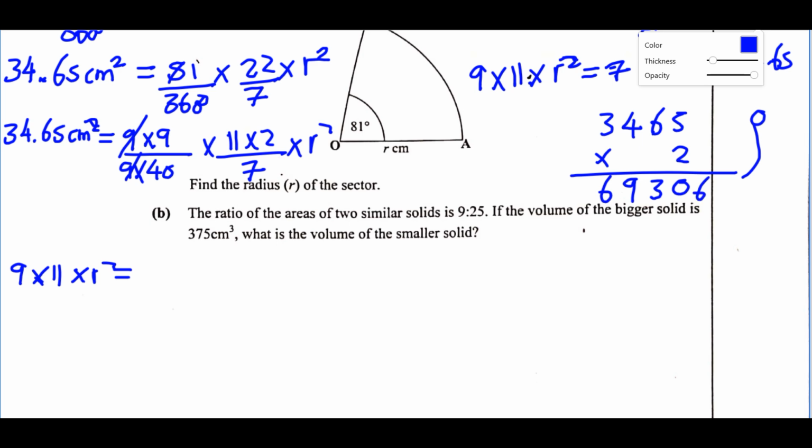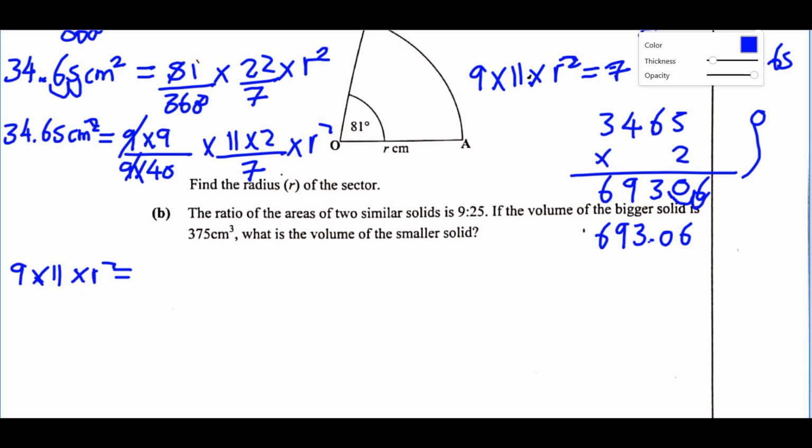So if we multiply 34.65 times 20, this is our product. Now remember, this has the area as a decimal, so I'm going to count 1, 2. So here we're going to have 1, 2. So we have 693.00.